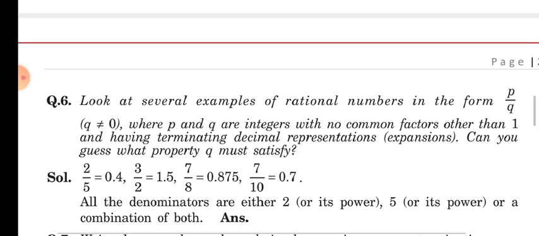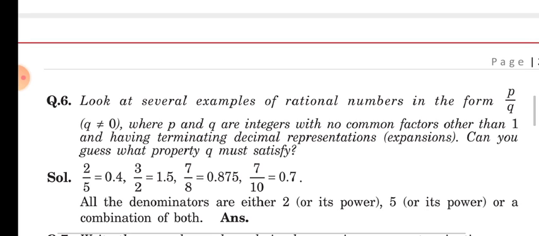If the denominator has only 2 or a power of 2, only 5 or a power of 5, or only 2 and 5, and no other number except 2 and 5, it cannot have 3 or 7 or any other number, then the decimal expansion of the rational number will always be terminating.